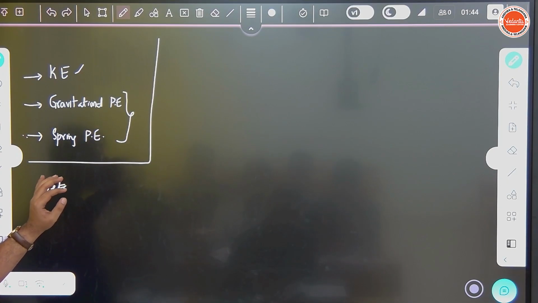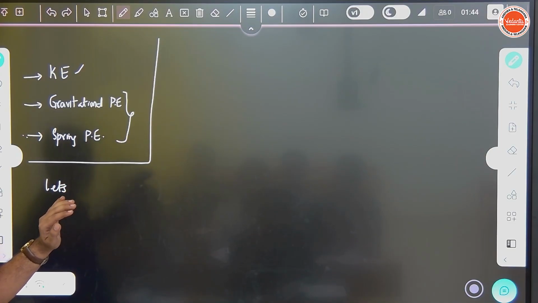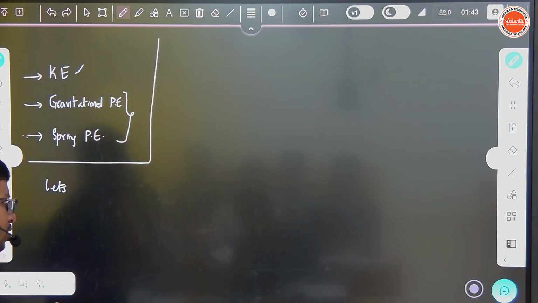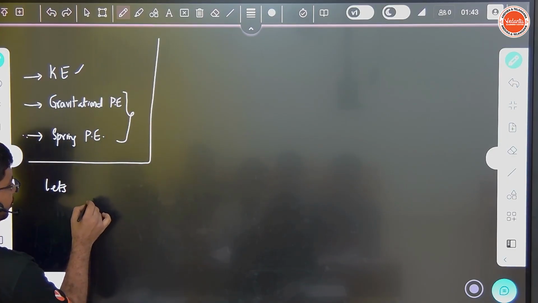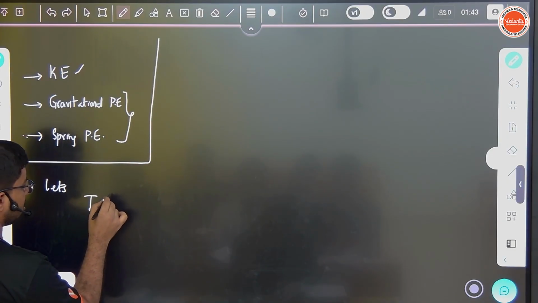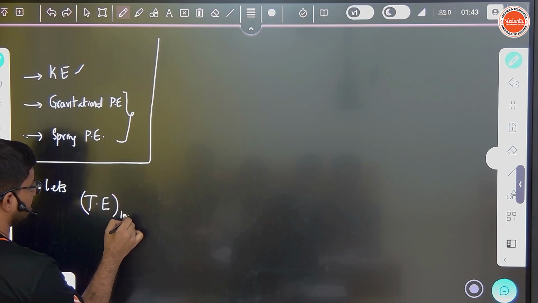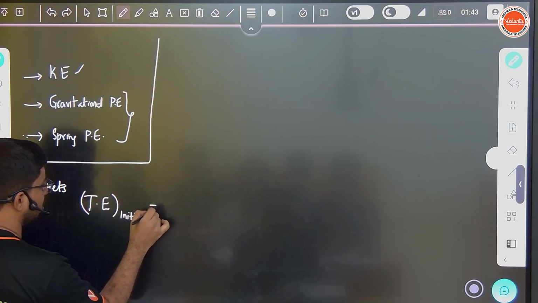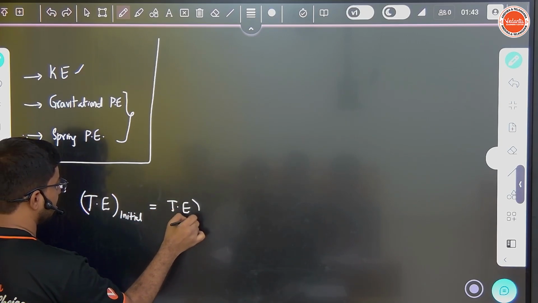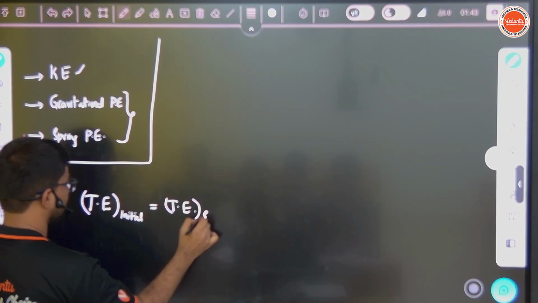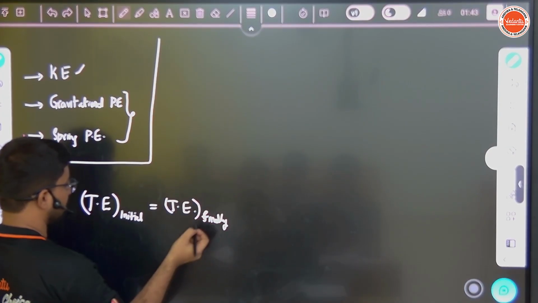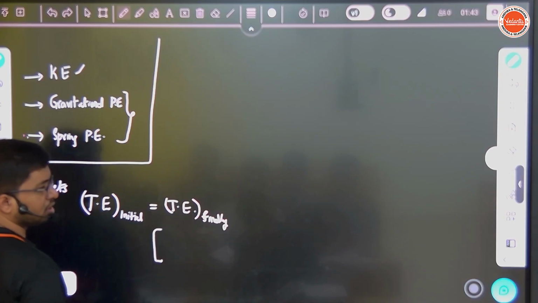So your total energy should be conserved. If there is no loss of energy from the system, then total energy of the system should be conserved, right? So I can also say that my total energy of the system initially is equal to the total energy of the system finally.